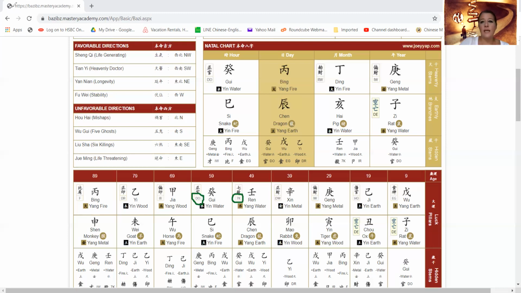And then finally, we've got the resource luck pillars. So IR would be indirect resource and DR is direct resource. So if you're going through one of those luck pillars, then your lesson would be to embrace uncertainty.